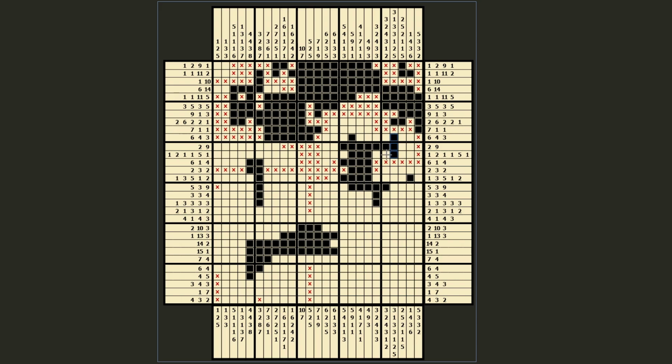So that's part of the 1. This is the 5. That's the 4. This is a 1. That's a 9. 3 2. Block that. No space for the 3. That's 8.